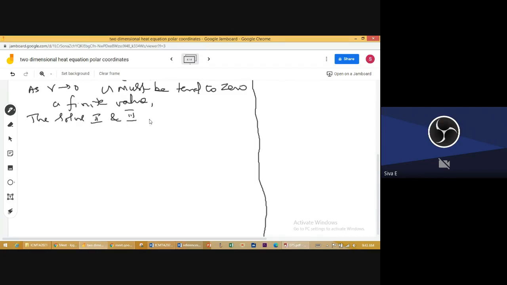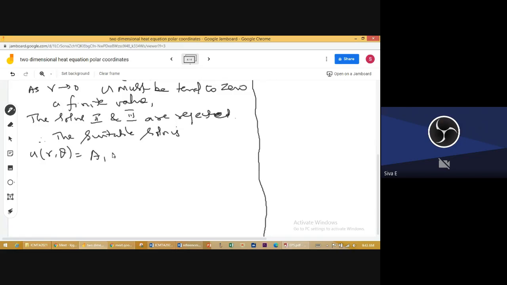Solutions 2 and 3 are rejected. Therefore, the suitable solution, for all the problems in a semicircular plate, is this one.